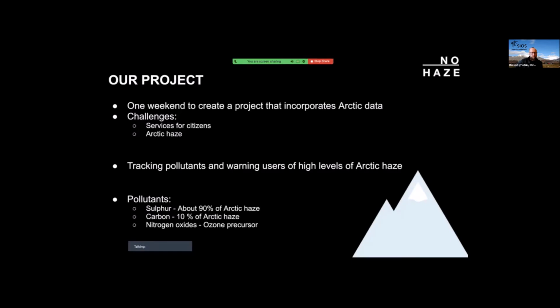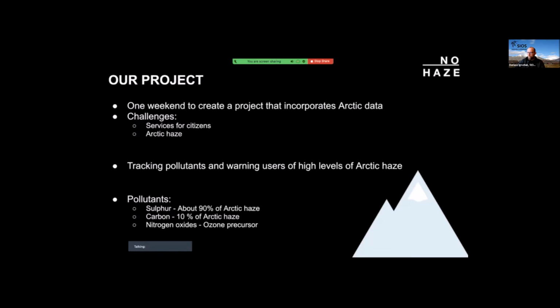We ended up tracking three pollutants, which were sulfur, of which about 90% of Arctic haze consists. Sulfur affects cloud formation and leads to an increased reflection of sunlight, which generally has a cooling effect, but during the winter, when there is no sunlight to reflect in the Arctic, the clouds trap infrared radiation from the surface.